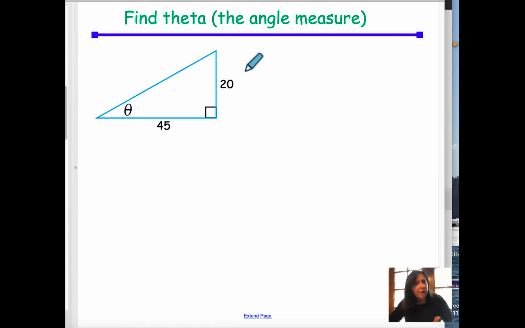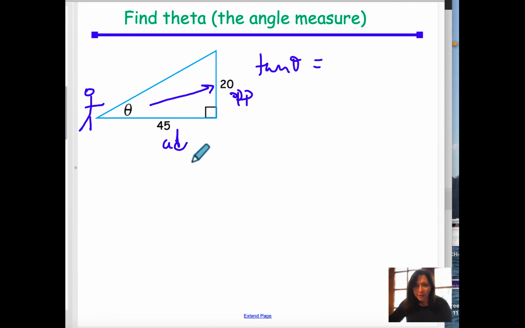So for this problem, I want to find this angle here. I'm going to use tangent again, but in this case, if you notice, this is an isosceles right triangle. I'm hoping that you already know what that value is. So tangent of A is equal to opposite over adjacent. So realistically, I'm finding tangent of A, which is my degree, is equal to 1.